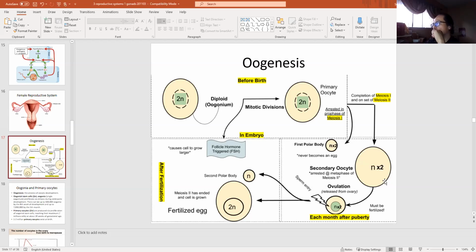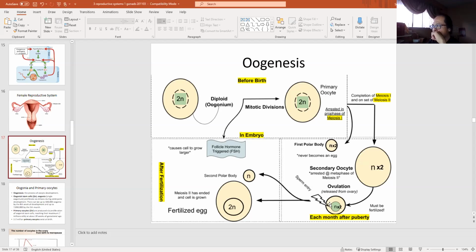This is called the secondary oocyte. Then the secondary oocytes continue to grow, and each month a group of cells goes through this process. When they are mature enough, they go through ovulation, right here. Then they wait for fertilization.